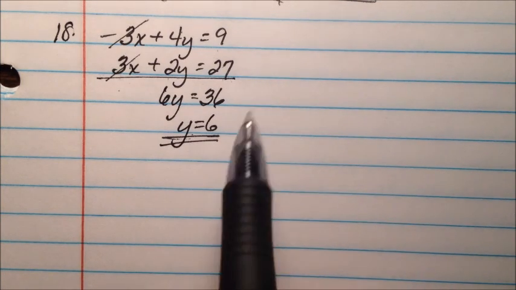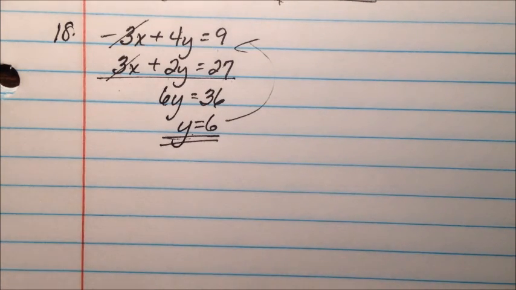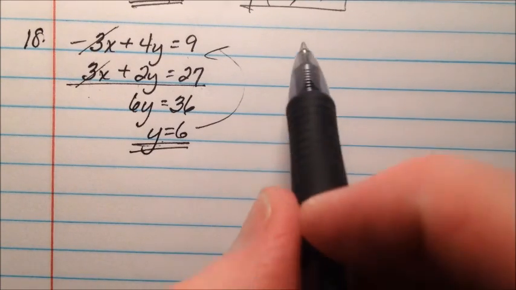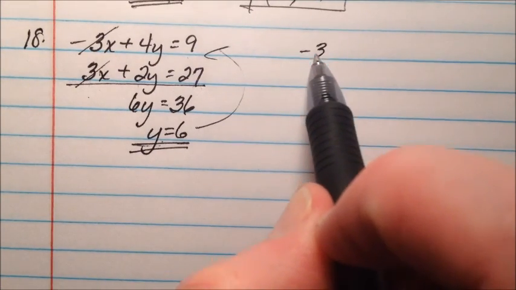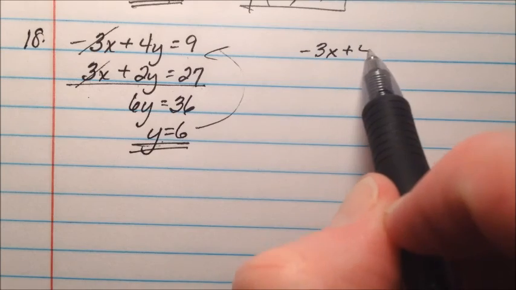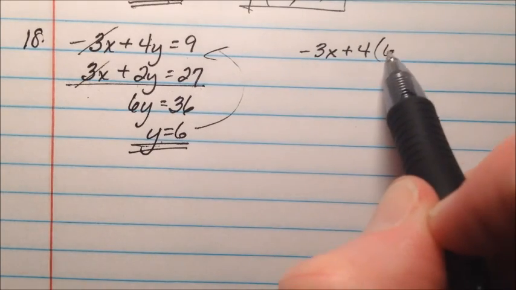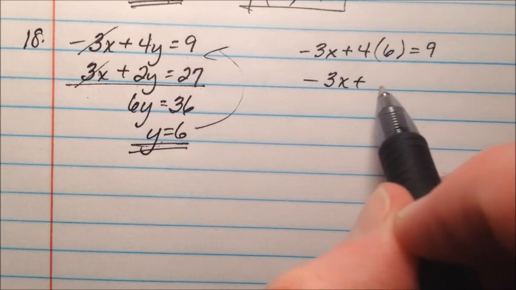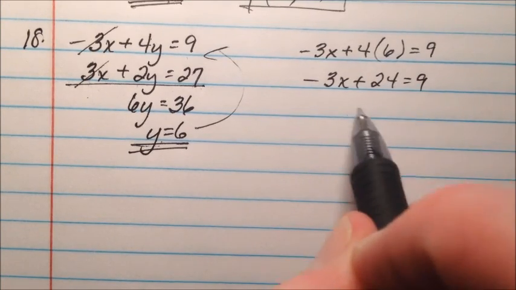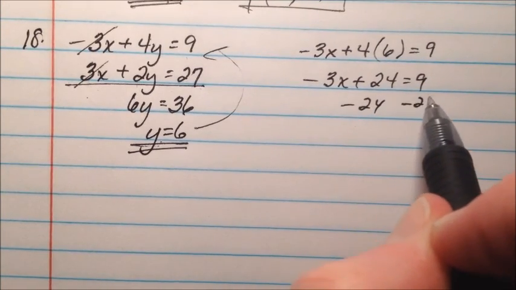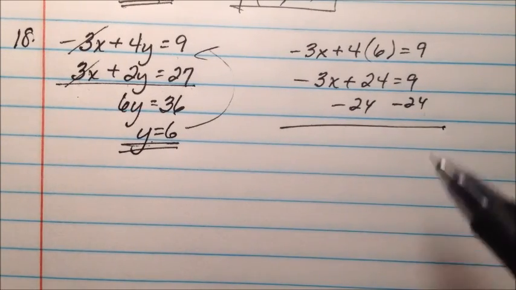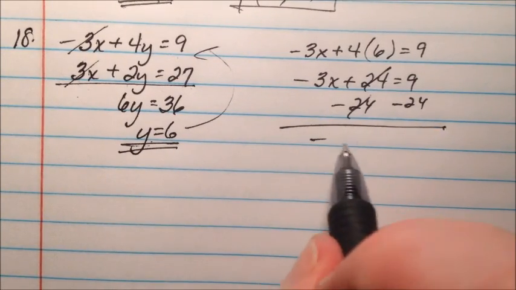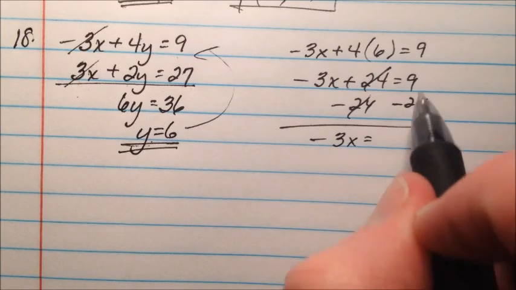So if y equals 6, we can go ahead and plug that back into one of those equations. Let's say the first one, and we'll have negative 3x plus 4y, and y is 6, equals 9. So negative 3x plus 24 equals 9, which means we'll subtract 24 from both sides. They'll cancel out here. Negative 3x equals, what's that going to be?